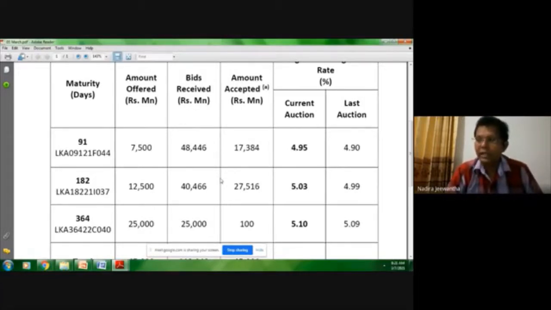The 6 months 4.99 has gone up to 5.03. And the previous week, the 1 year was unchanged, constant. But this week it has gone up by 0.1%. Meaning is what? The interest rate tendency is to increase.